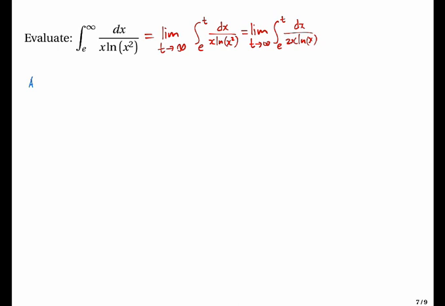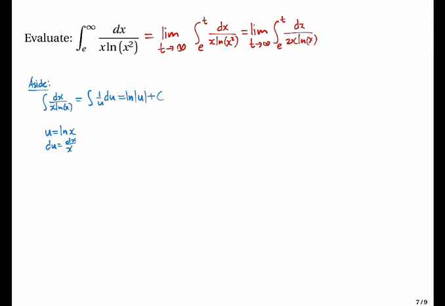So again, we work on that integral, the integral of dx over x ln of x. We can let u be equal to ln of x, du equals 1 over x dx. So this becomes the integral of 1 over u du. Okay? And therefore, this is just ln absolute value of u plus c.